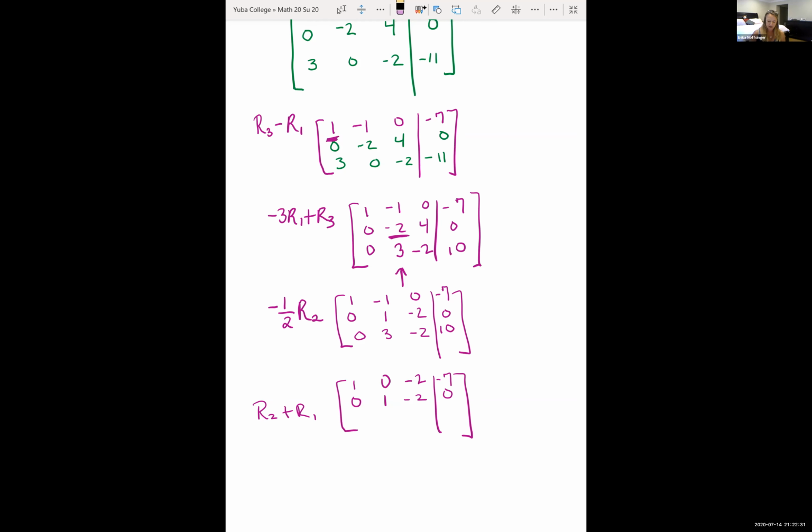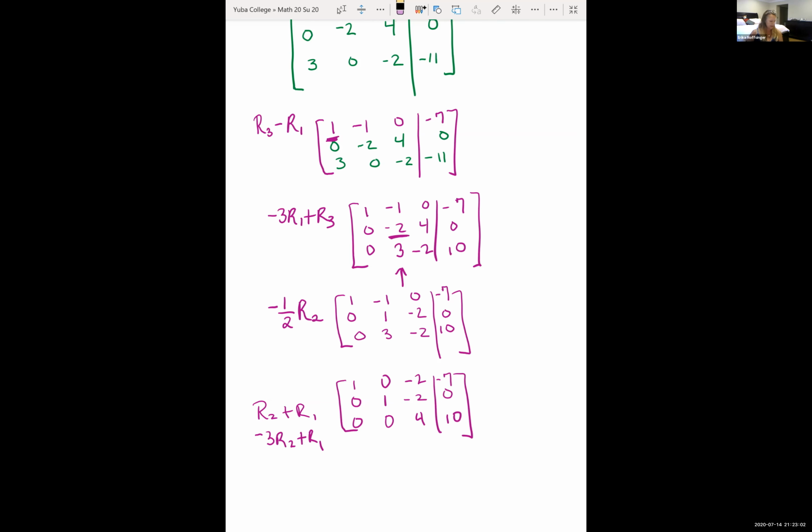And if we look at -3, row 2 plus row 1. So -3 times 0 is 0 plus 0 is 0. -3 times 1 is -3 plus 3 is 0. -3 times -2 is 6. 6 minus 2 is 4. -3 times 0 is 0 plus 10 is 10.